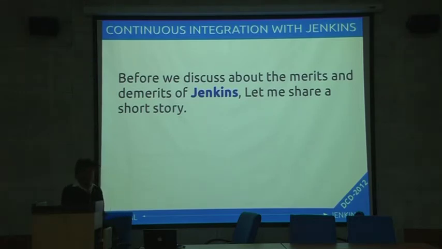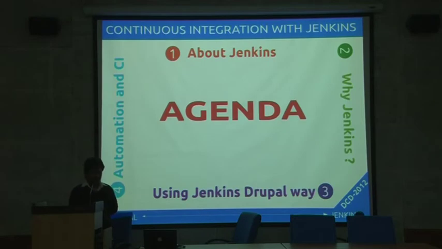So for that, I have the agenda about what Jenkins is and why we think Jenkins is required. Next is how we can use Jenkins in a Drupal way, right? And after that, we'll go into automation and continuous integration.